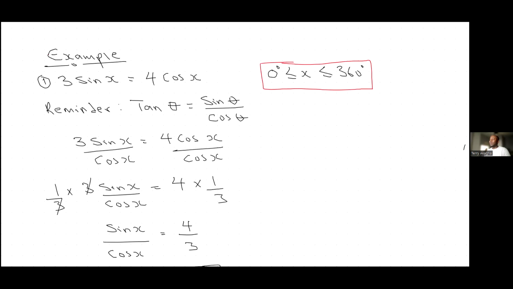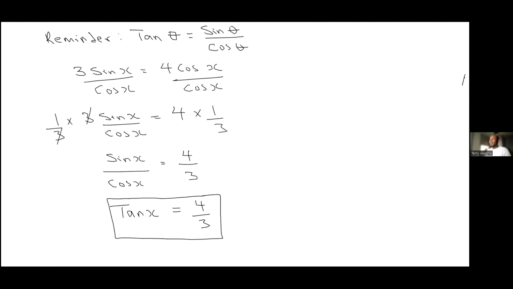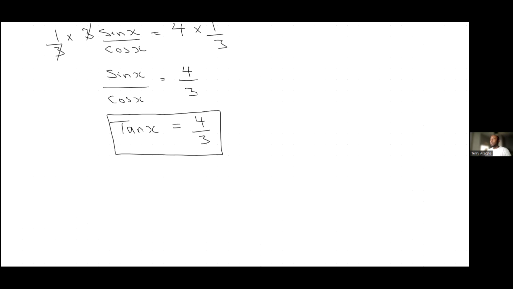So we're going to set our calculator now. Since we know tan x was equal to 4/3, x is equal to the tan inverse of what? 4/3. So the tan inverse of 4/3, and when you press your calculator, it should give you 53.13 degrees.